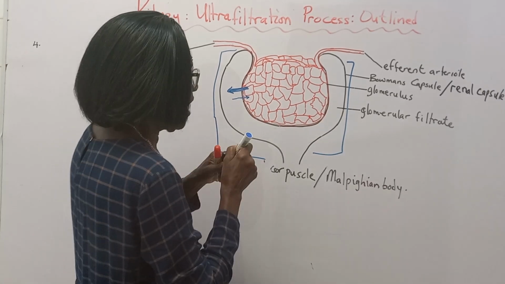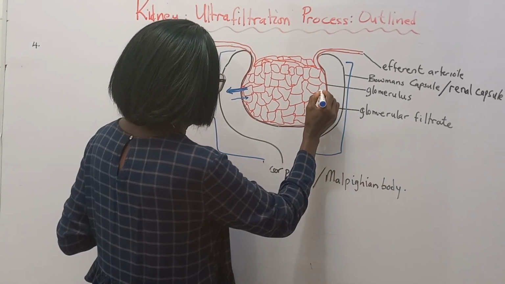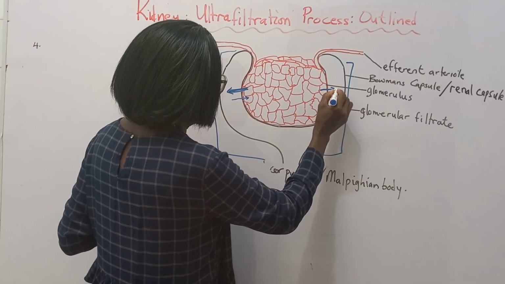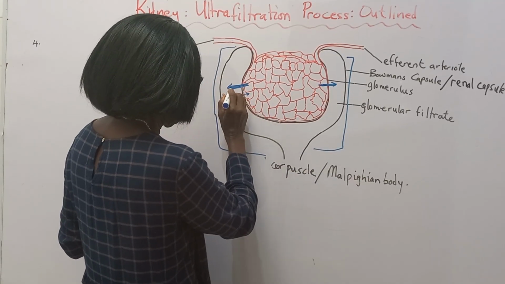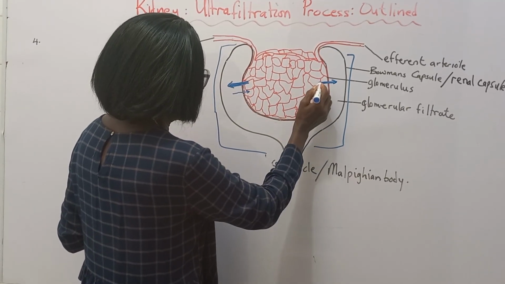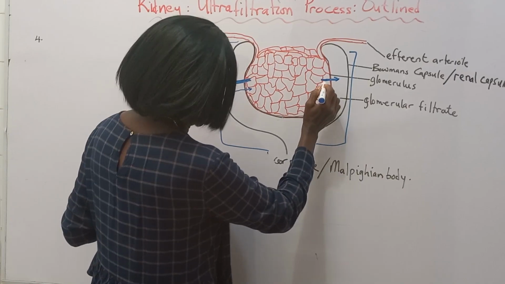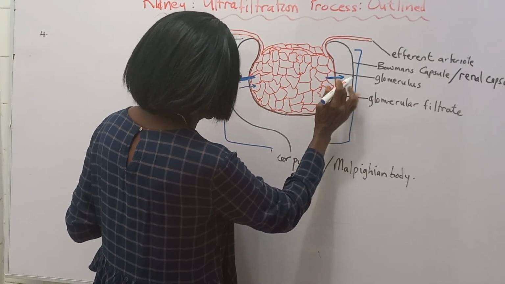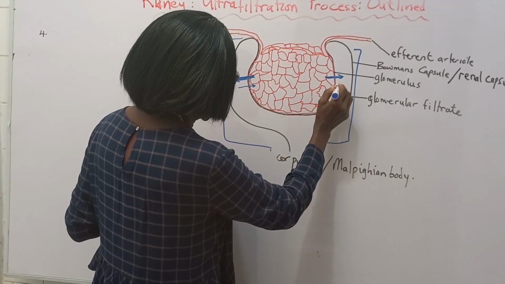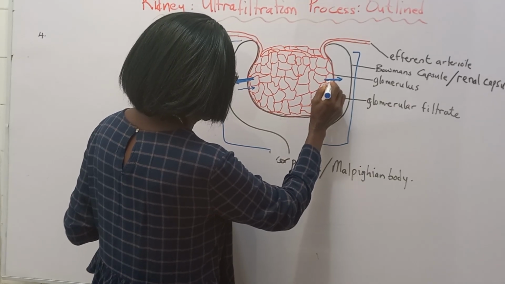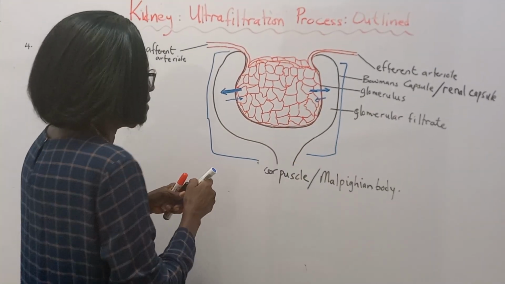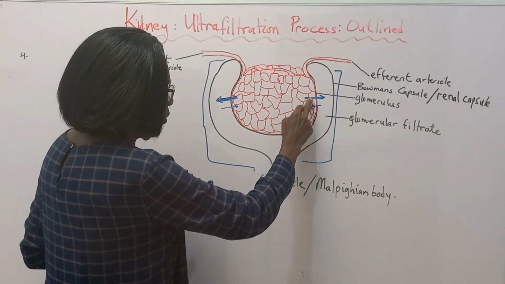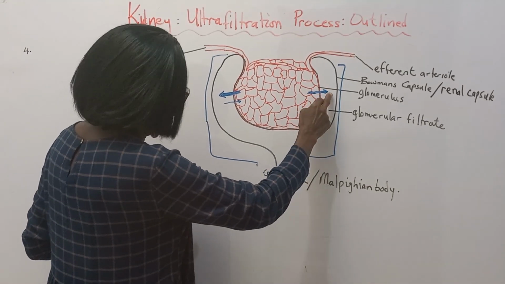So, if we are using this to show the hydrostatic pressure, it is higher here at the beginning, so the hydrostatic pressure is low here. Substances will still move into the glomerular filtrate, and then the hydrostatic pressure in the glomerular filtrate is also there. And the resultant will be moving substances in here.